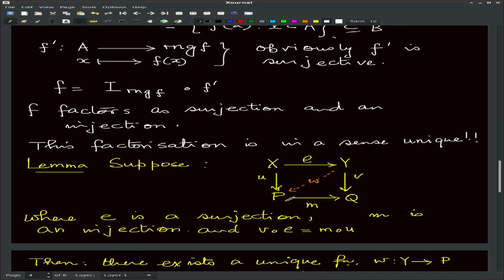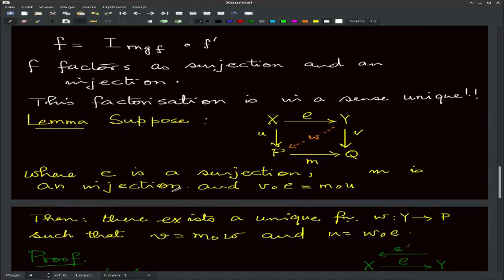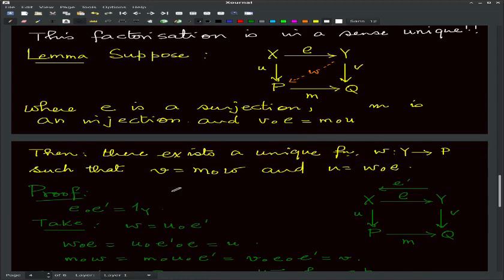I have only used the properties that e is a surjection, m is an injection, and ve is equal to mu. And then, utilizing the fact that since e is a surjection, there shall be a right inverse, and so on.